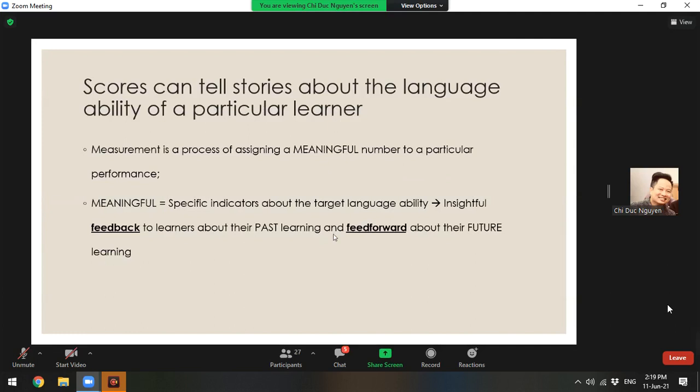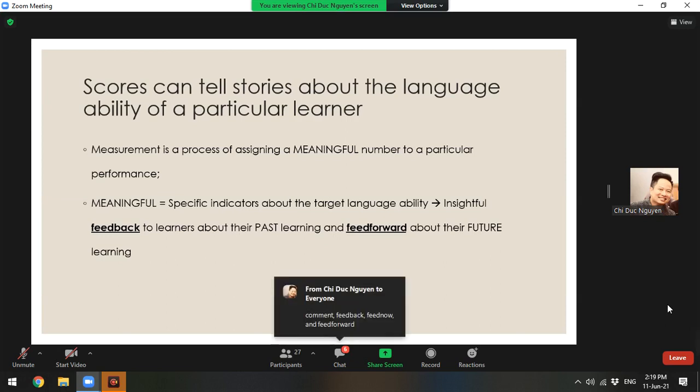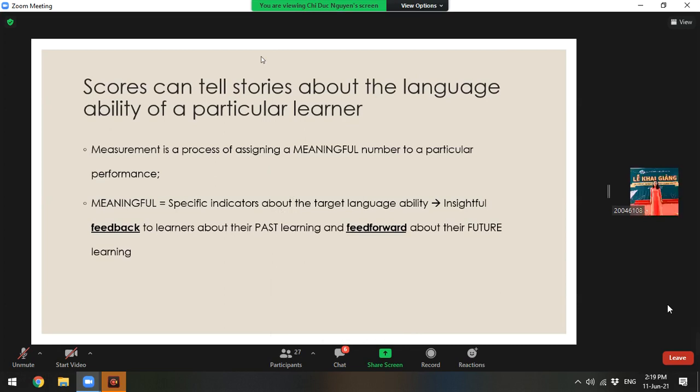What might be the differences between comment, feedback, feed forward? Are they the same or different? I used to ask this kind of question once or twice during the course already, and I do hope that you can still remember it.